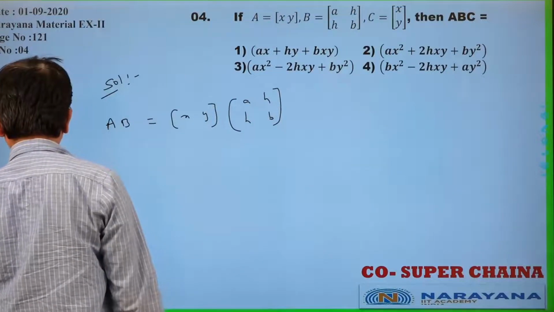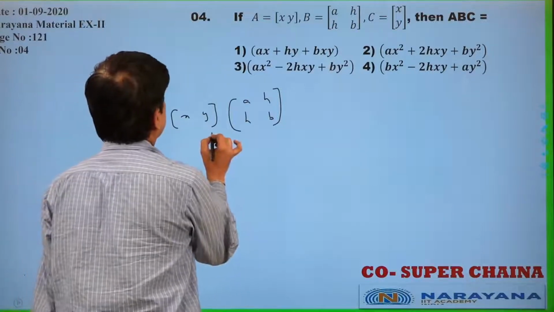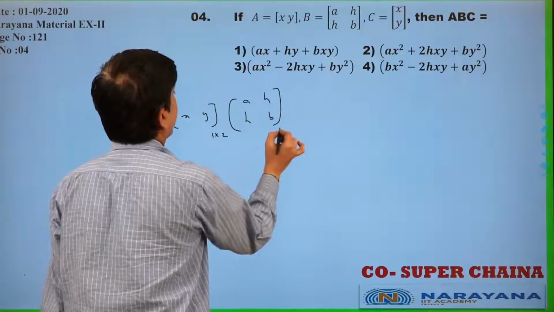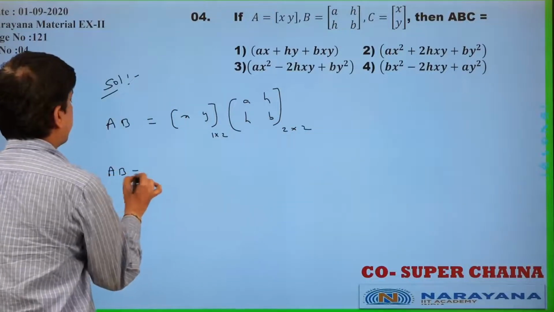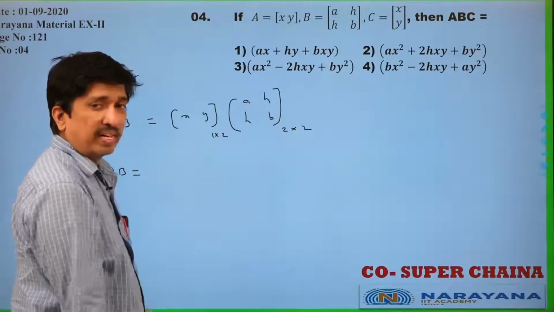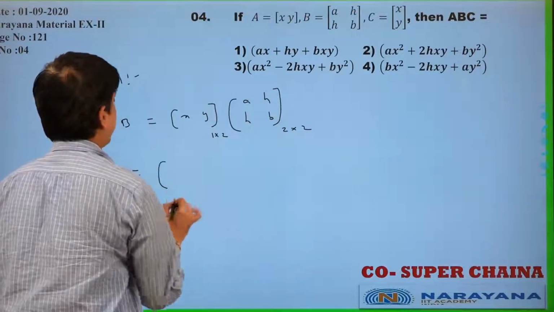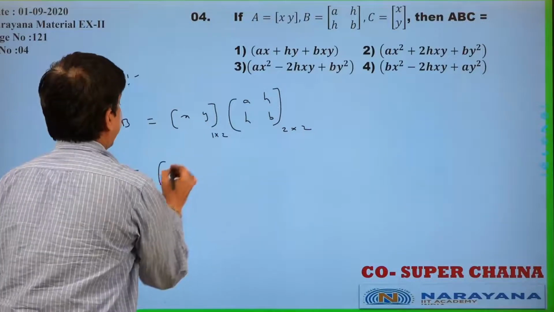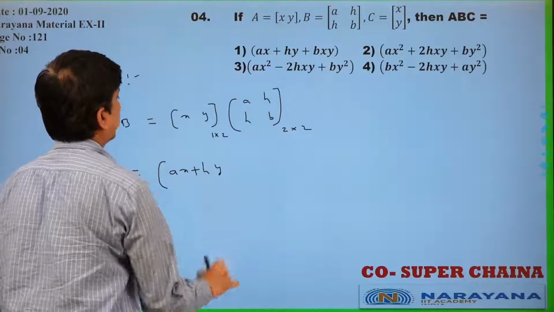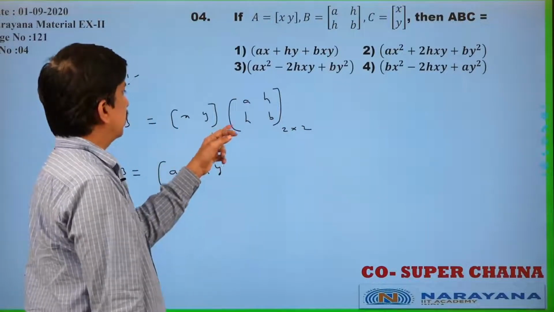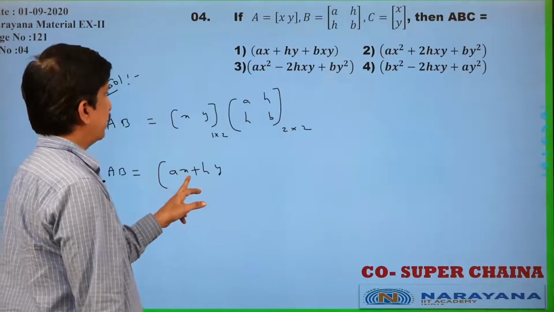What will we get once we check that? Now, this is a 1 by 2 matrix and this is a 2 by 2 matrix. AB you will get as a 1 by 2 matrix. First row, first column: ax plus hy.